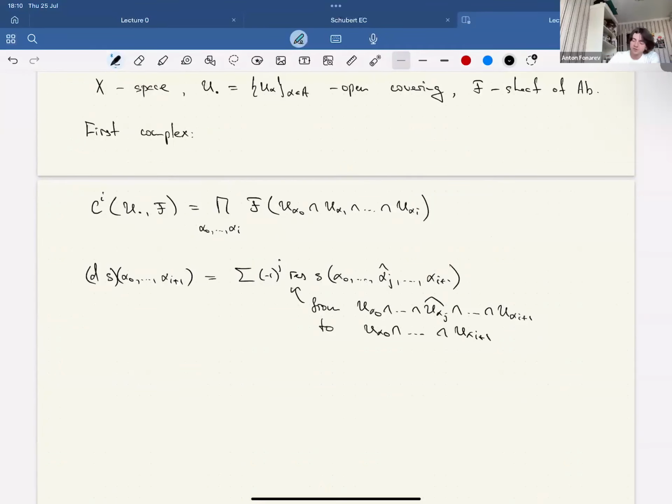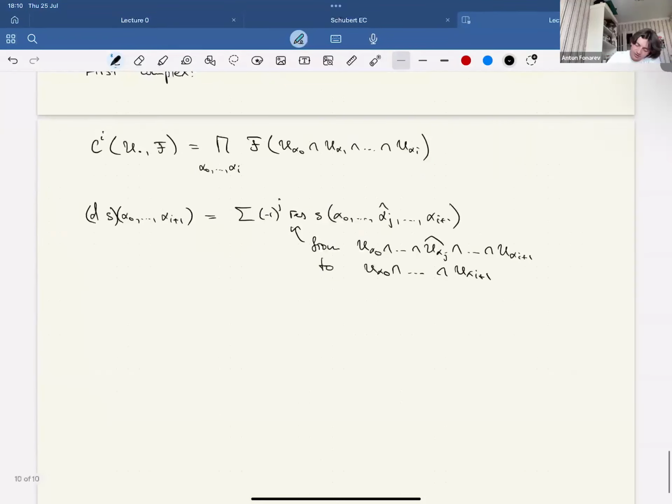And you need to check various things. You need to check that it's a complex. This is the first thing to check. The second thing is quite interesting.